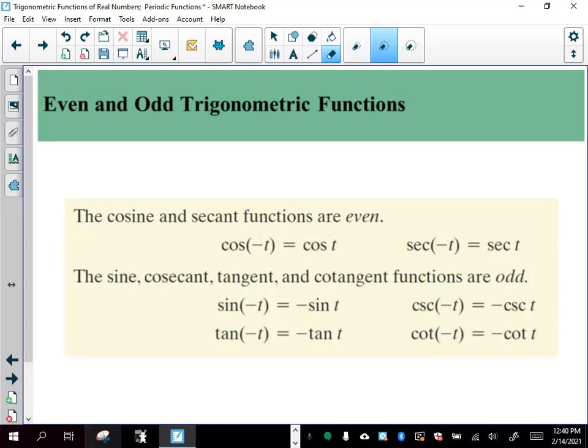Everything else is going to be odd because everything else crisscrosses basically. So just remember that even is cosine and secant, and odd is the other 4.